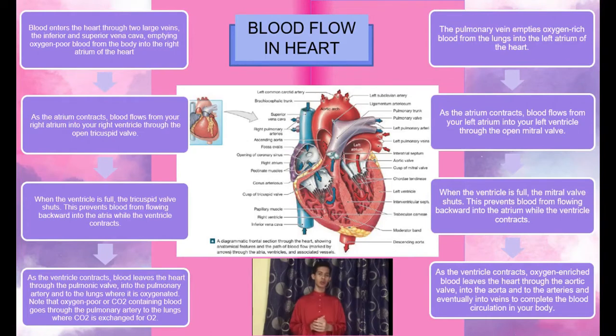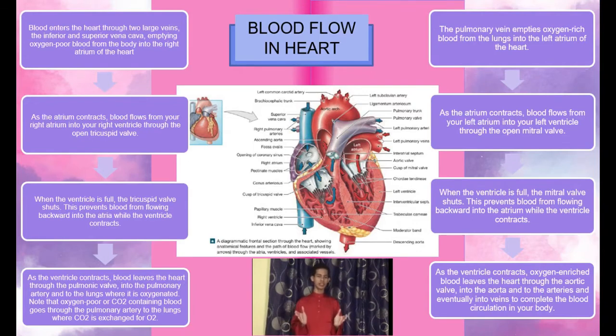So, how does our blood flow in our heart? The oxygen-rich blood from the lungs will enter the left atrium. When the left atrium contracts, it will then enter the left ventricle via the mitral valve. Then, the left ventricle will contract and the blood will go through our aorta and arteries to the rest of the body.